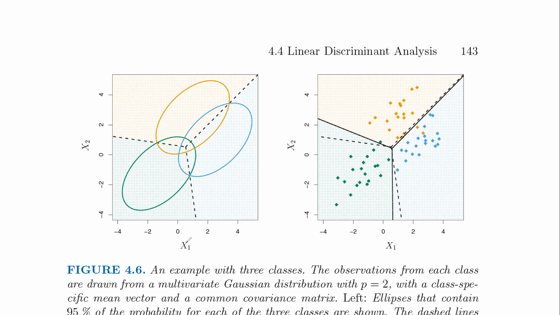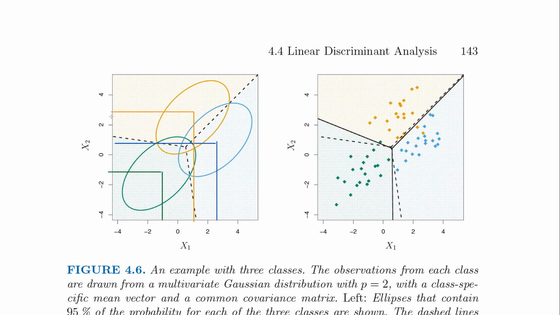For example, the mean of the green is somewhere over here. It is this x value, comma, this x value. The mean of the blue class is somewhere over here, and the orange is somewhere over here.